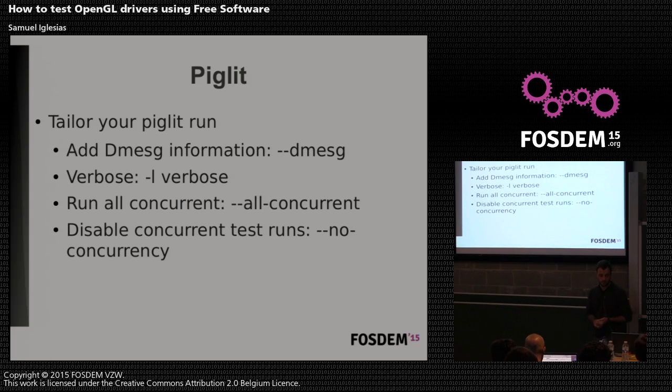There are different ways to tailor your Piglit run. The first one is to enable, for example, the dmesg information. Another one is being verbose. This is very useful because some OpenGL drivers produce GPU hangs, and sometimes the screen completely freezes, so you need to do a hardware reboot.